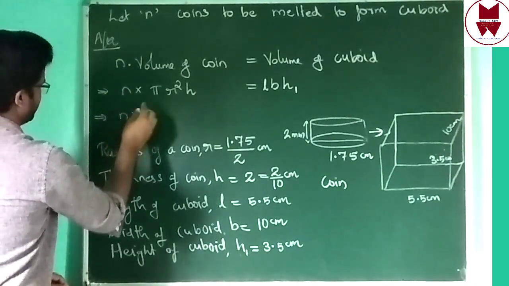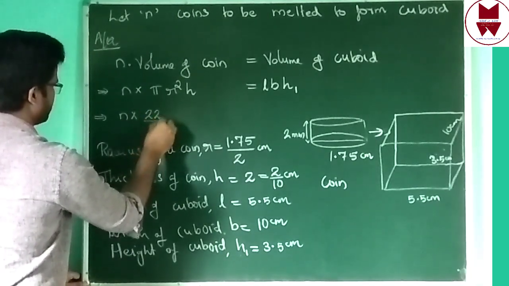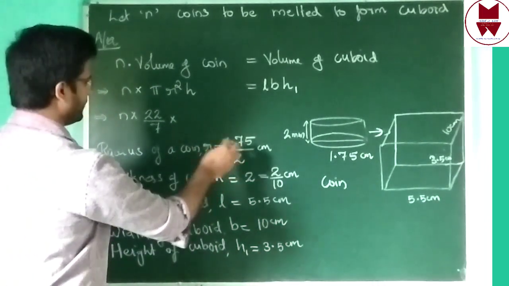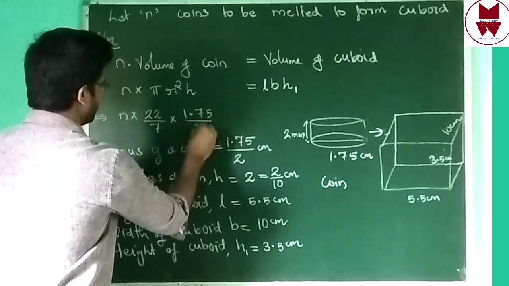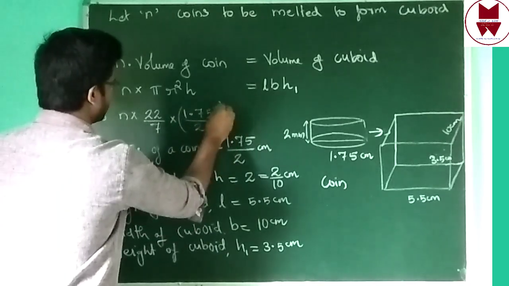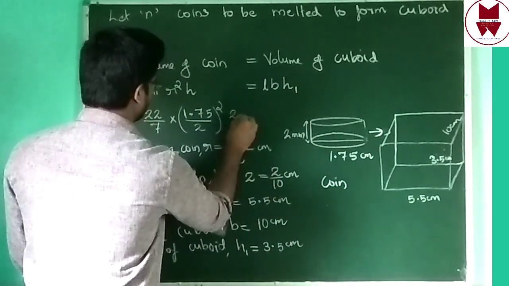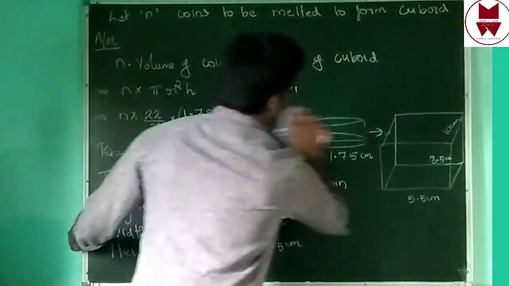N into pi value, here we can give 22/7, r square. Radius of coin is 1.75 divided by 2, all square, into h. h means 2/10, equal to LBH1.